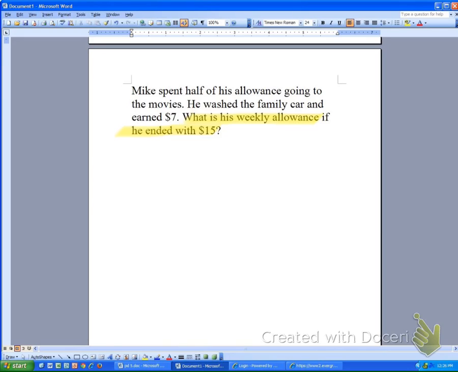So turn the video off. Try to write the equation, solve the equation, and then check your work. So just so you can see what the equation is before you check your work, if we say that X is what his weekly allowance is, he spent half of it, so that's why I'm dividing X by 2.